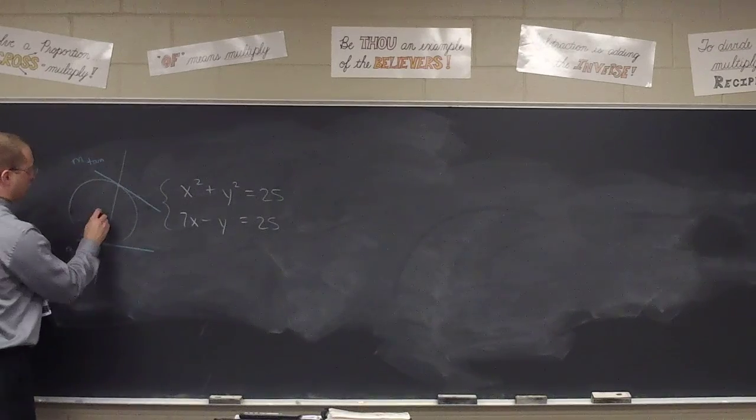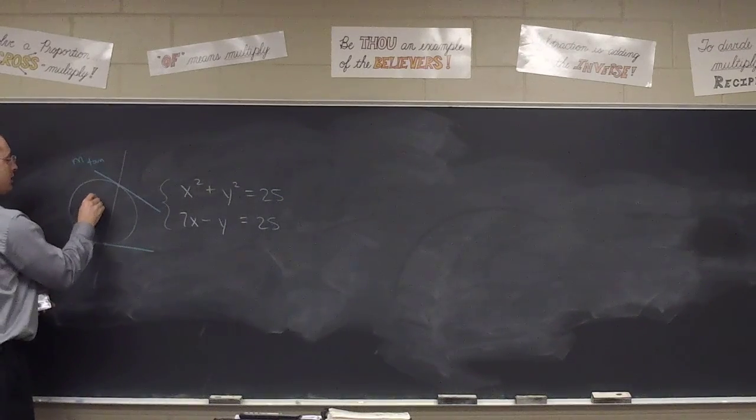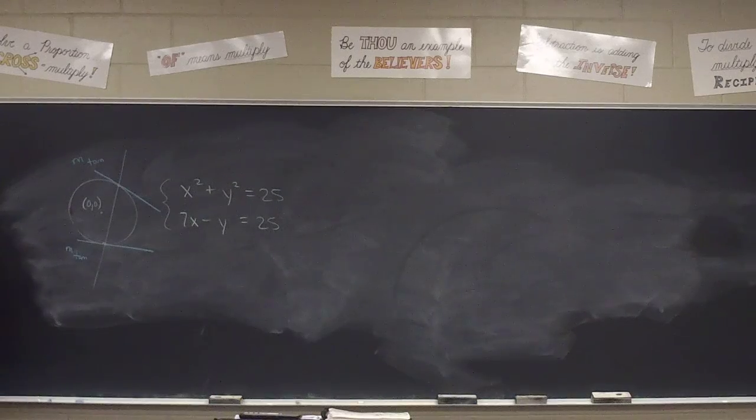We know the center of the circle, by the way, is 0, 0. But what are these 2 points? How would I find these 2 points of intersection? Solve the system, right? Going back to chapter 10, solve the system. Take a moment, solve this system of equations, and find the points of intersection between the line and the circle.